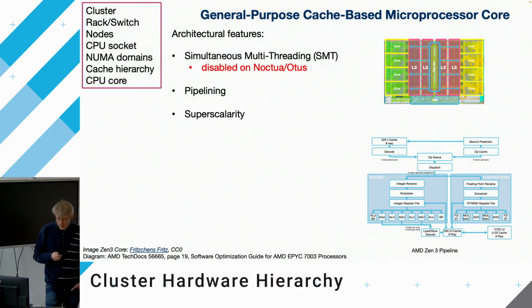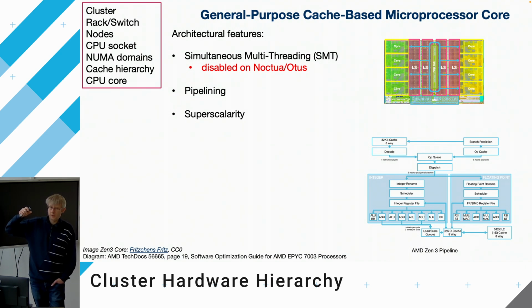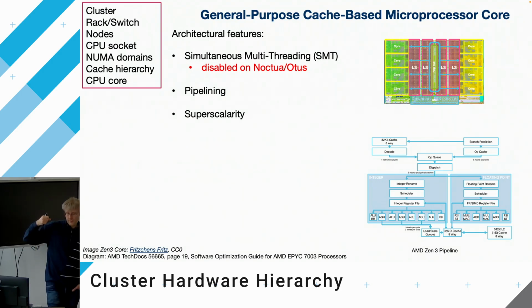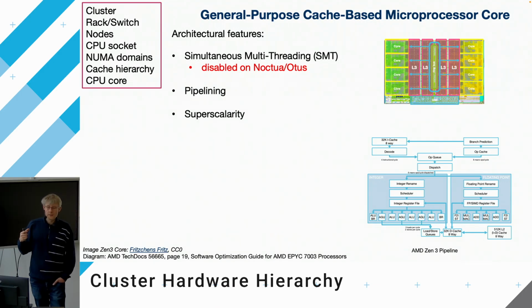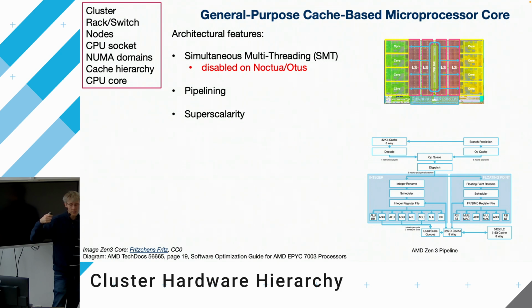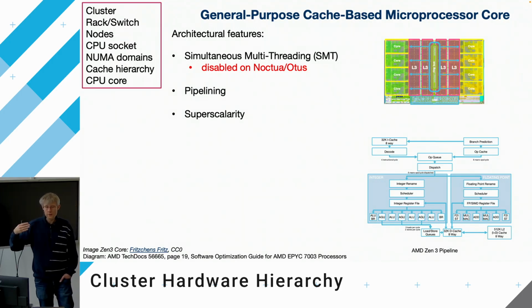Then we have superscalarity, and this means that the CPU can run multiple instructions at the same time, not even of the same type, for example, only floating point multiplications, but it can even decide that instructions that are independent of each other can be executed at the same time, or even overtake each other and be executed in a different order than they would be if you executed one instruction after another.